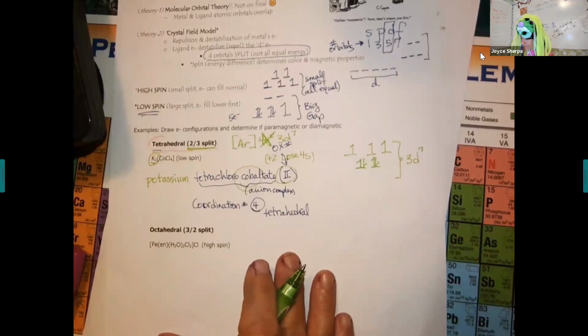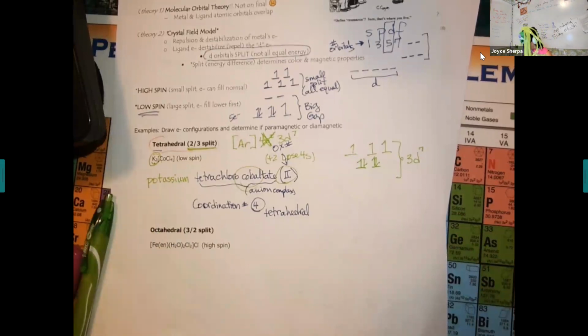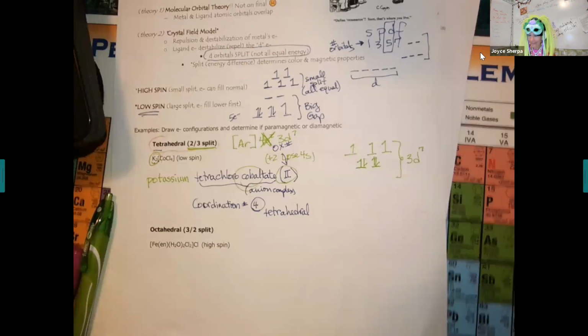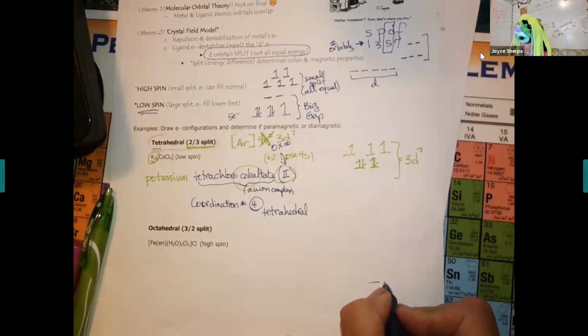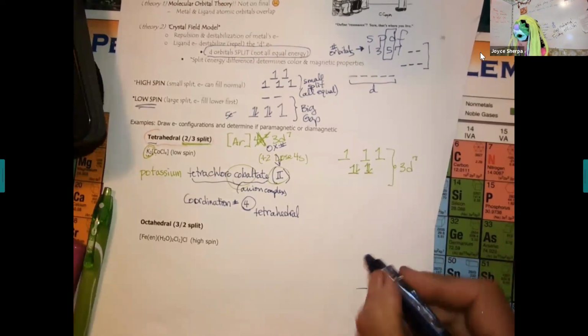All right. We're going to name the coordination number, oxidation number. The split is a 3-2 split, but it's a high spin.